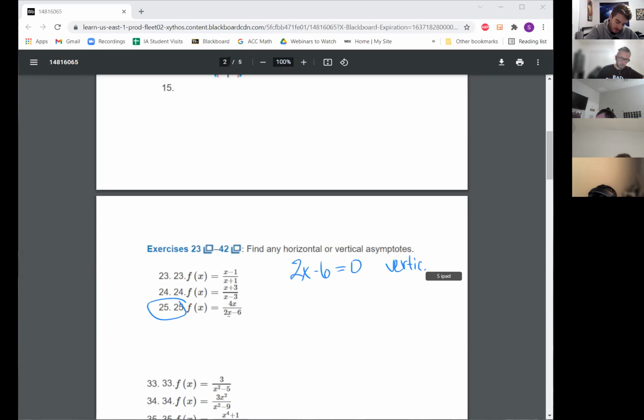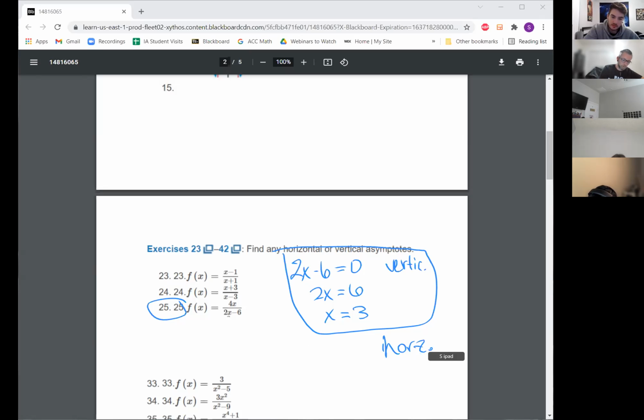So I did plus 6 and then divided by 2, which gave me 3. Okay, so that's the vertical asymptote. And then horizontal? Were there none? Well, there's a horizontal asymptote. There is? Okay, then was it negative 1/3?